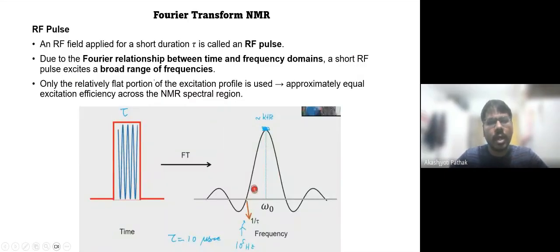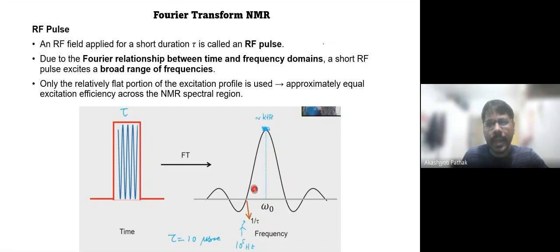Now let's understand the Fourier transform NMR, which was covered in week 2, and a part of it was also covered in week 3. What we have learned is that in a continuous wave NMR, we vary the magnetic field.